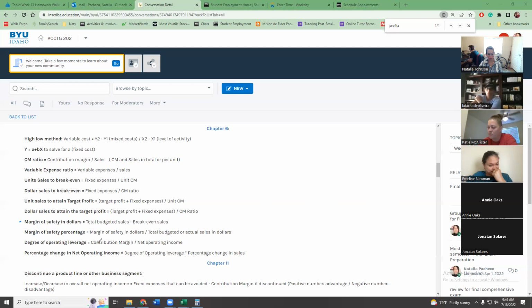So it is the contribution margin divided by the net operating income. And that in percentage is the degree of operating leverage times the percentage change in sales. So like if sales is going to change 50%, you just multiply that times 2 if that's the degree of operating leverage.